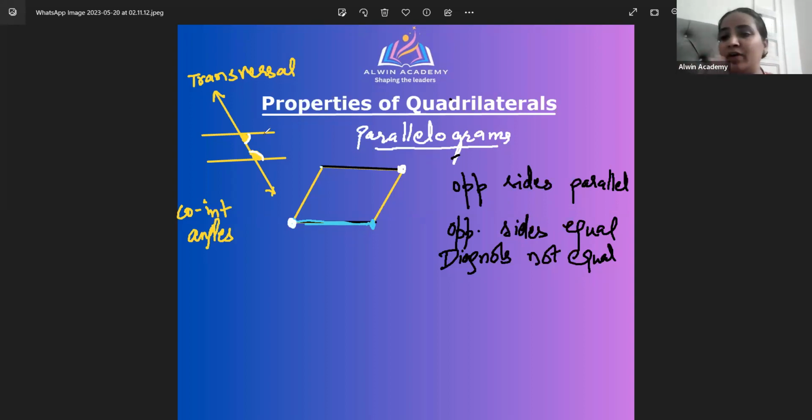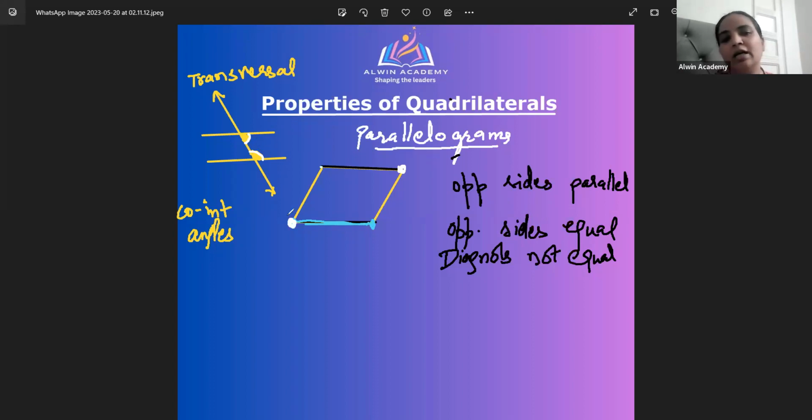So the name very commonly used these days in books is co-interior angles. When you have two co-interior angles, they always add up to 180. Their sum is 180 always.